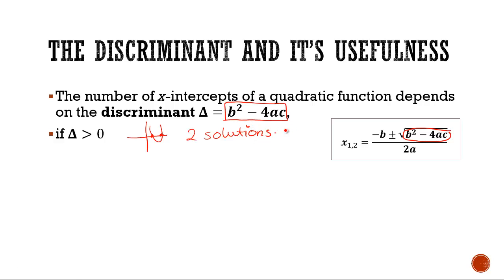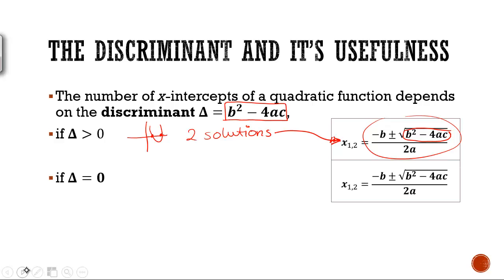And what are the two solutions? Well, they essentially are whatever this answers. What if the discriminant is 0? So what if this is all 0? Well, it's not going to even play a part. There's no plus and minus anything. So we just have this one answer, and what that looks like is it just touches at one point, one solution.